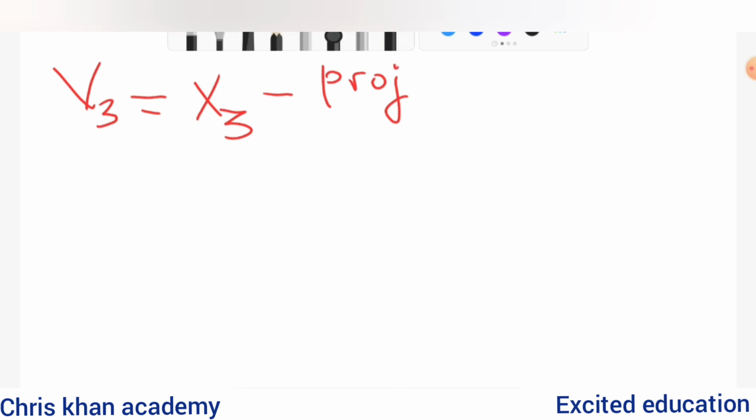So as I said, this is equal to x3 minus the projection onto v1, then minus the projection onto v2 of x3.